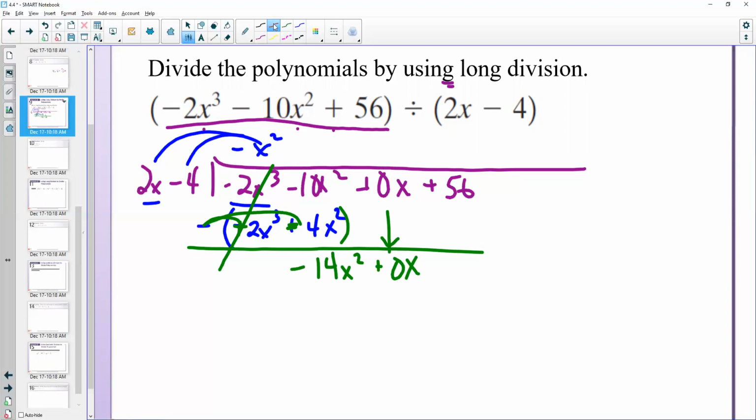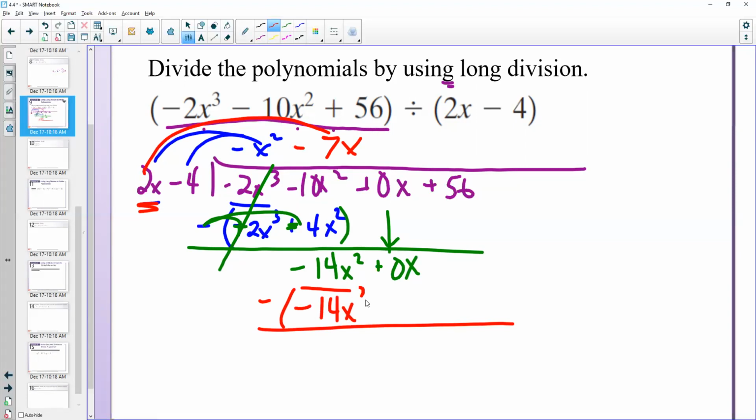Next step. How do I turn 2x into negative 14x squared? Well, I multiply by, let's see, minus 7x. Then I'm going to do the same thing again. I'm going to distribute. So minus 7x times 2x is minus 14x squared.